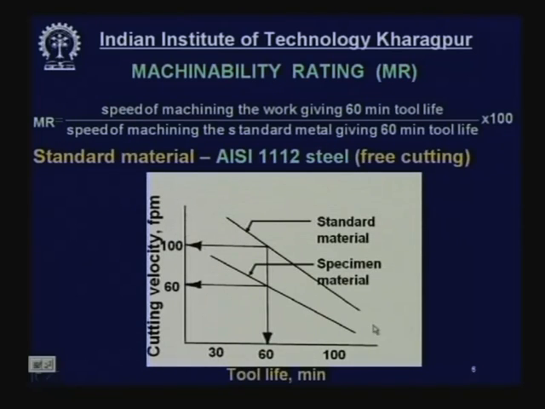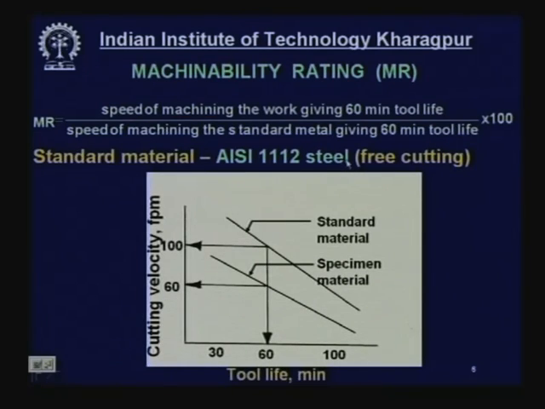Now, what is the standard material? The standard material has to be very judiciously taken and should be followed everywhere globally. Standard material is AISI 1112 steel. It is a free cutting steel. It is basically a mild steel kind of cheap material, but having some additives which impart free cutting, like lead or sulfur.